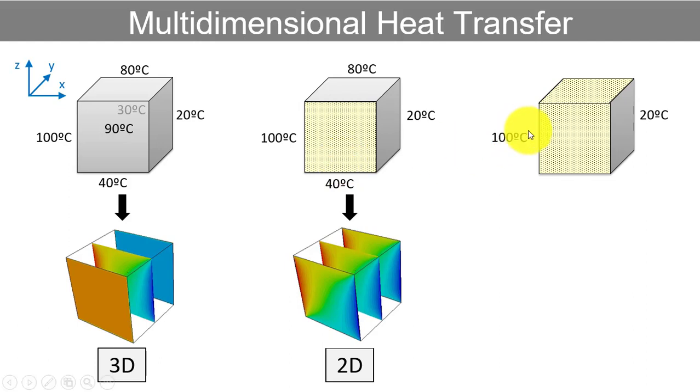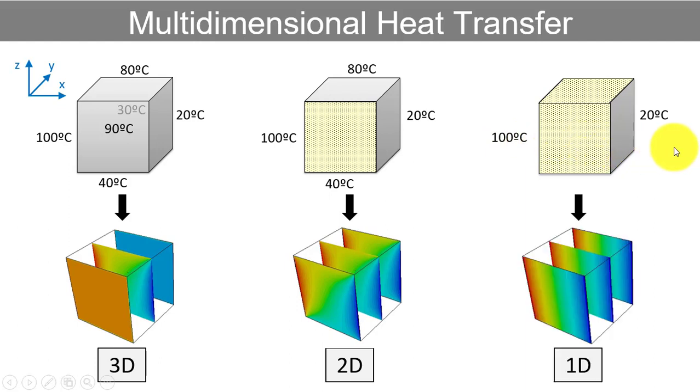Then if we have the variation only in one axis, as for example occurs here in the x-axis, we refer to it as a 1-dimensional problem. And it is very important to make this simplification from 3D to 2D or to 1D, since the problem is much easier to solve.